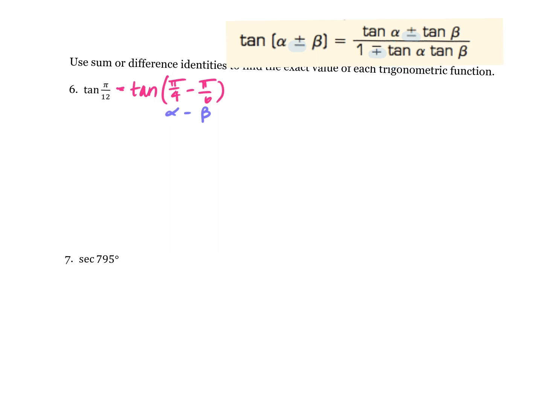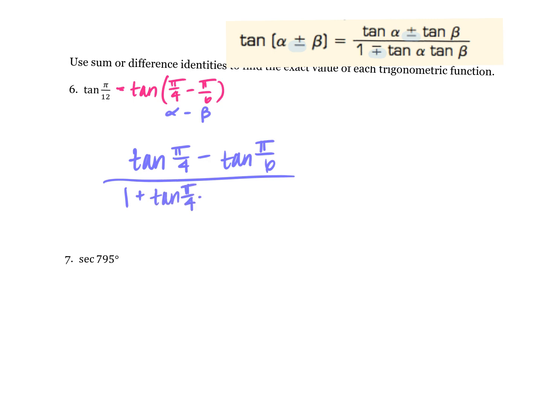Pi over 4. Yeah, tangent of pi over 4 minus tangent of pi over 6, over 1 plus tangent of pi over 4 times tangent of pi over 6. Oops, tangent of pi over 6, my bad.